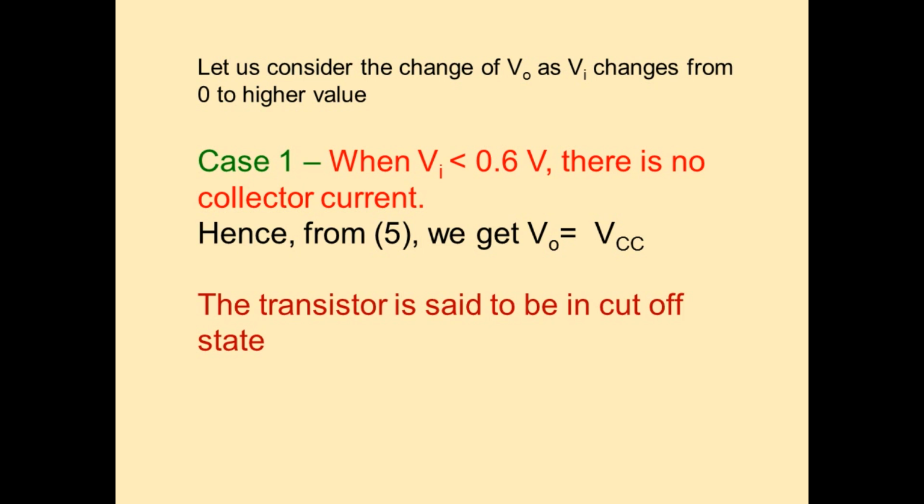So if there is no collector current, IC into RC becomes 0. So if IC into RC equal to 0, the output is V naught equal to VCC, simple one. So if output voltage is VCC, the transistor is said to be in cutoff state. Cutoff state I mentioned in the graph.